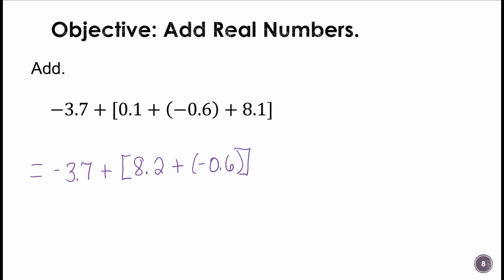It's basically 8.2 and you're going to subtract the 0.6. And so in this case, that number is going to be a positive and it's 7.6. Now I have 7.6 and negative 3.7, so the positives win. Basically, I'm just subtracting the 3.7 at this point, and that leaves me with a positive 3.9.